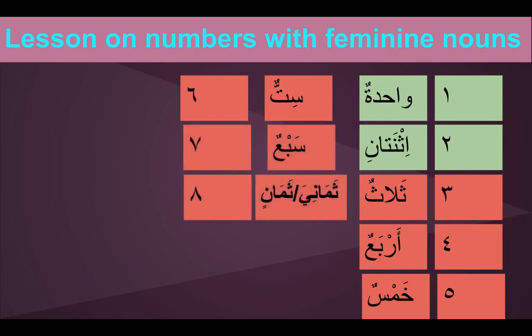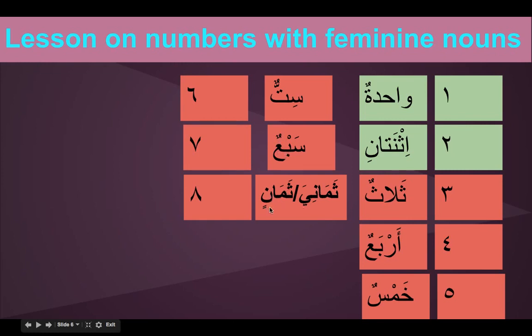thamaniya or thamanin. Number 8 has a slightly different way of construction which we'll learn later. Just understand that we have ya coming here, thamaniya or thamanin, like sab'un. When it becomes mudaf, one of the dhamma is gone, so it becomes sab'u.